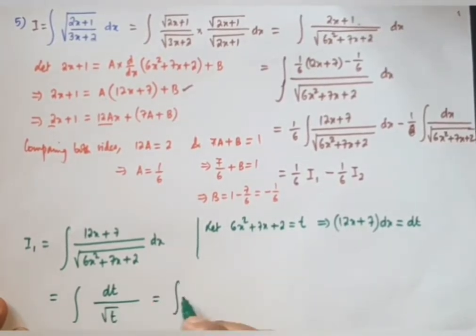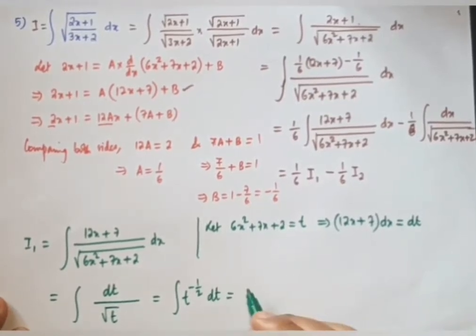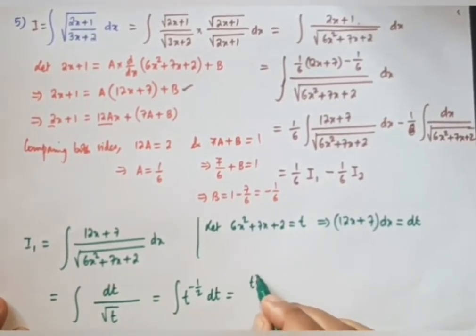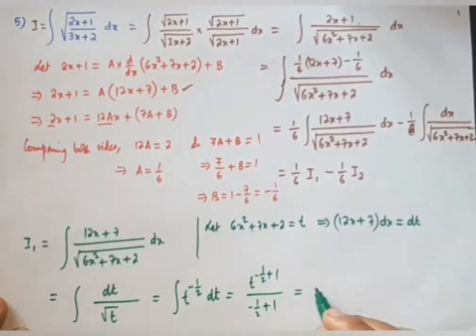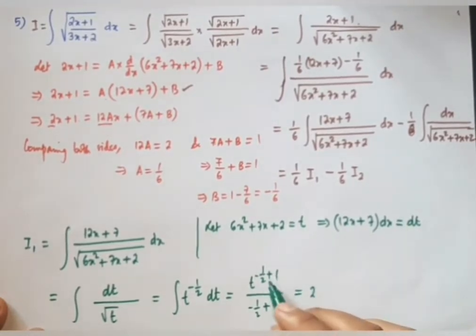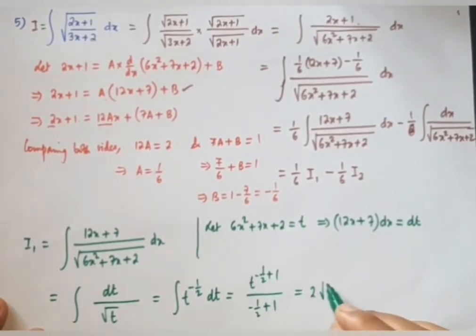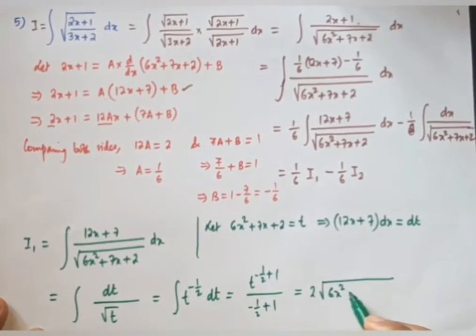So this is nothing but t to the power minus half dt, which is t to the power minus half plus 1 divided by minus half plus 1, which is equal to how much? 2 square root of t, right? Because this is t to the power half, so square root of t. And how much is square root of t? t is equal to this much, so this will be square root of 6x squared plus 7x plus 2.